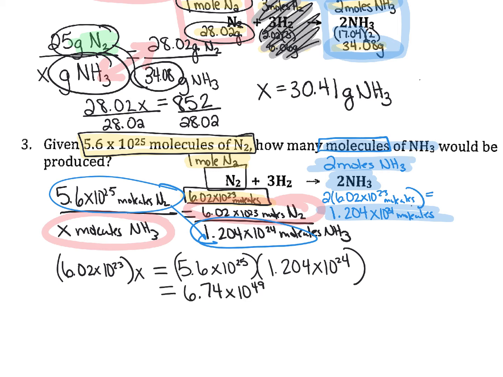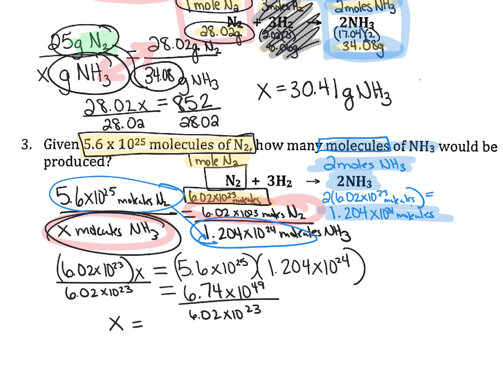When I multiply my right side, I get 6.74 times 10 to the 49th. To isolate my x, I need to divide both sides by 6.02 times 10 to the 23rd power. So that X is going to tell me my molecules of NH3. So my answer is 1.12 times 10 to the 26 molecules of NH3.